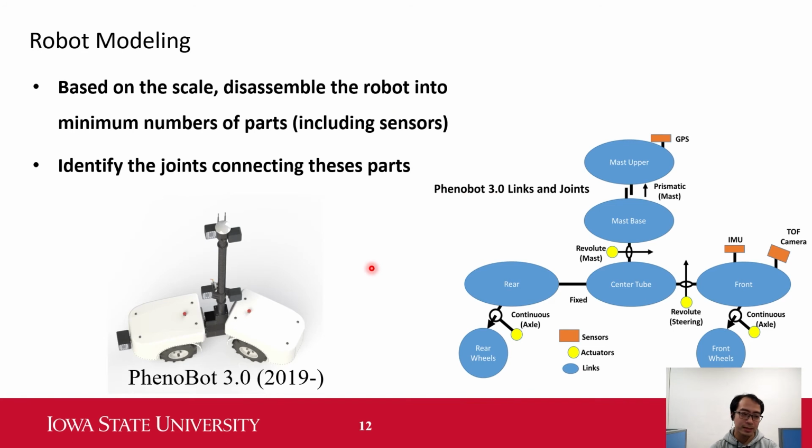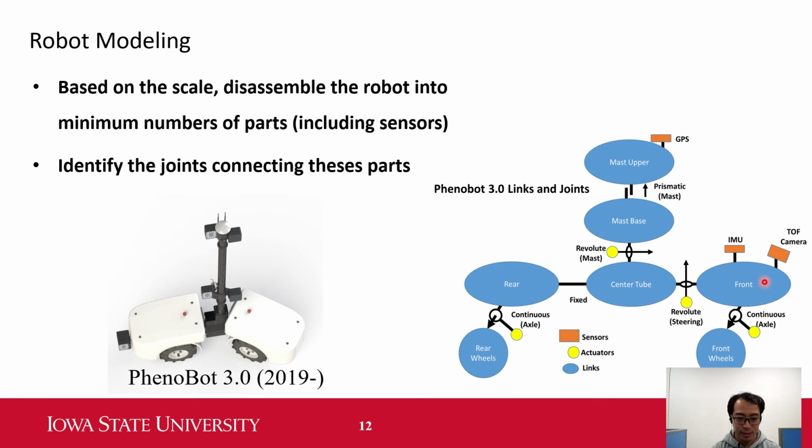The first task is the robot's modeling. Based on the scale, we disassemble the robot into a minimum number of parts, including the sensors. For example, the robot has a front part and a rear part connected by a steering joint. So in the bodies, we separate that into a front part and a rear part, with a revolute joint connecting them.